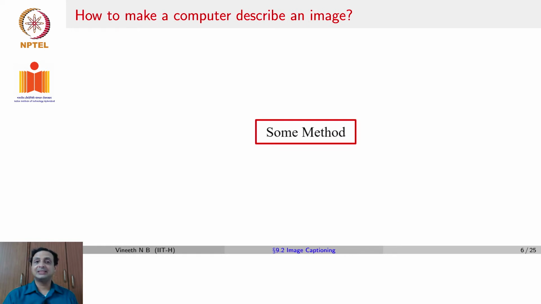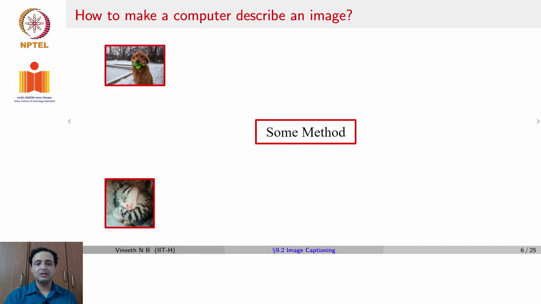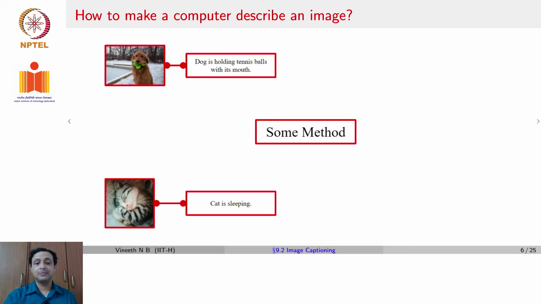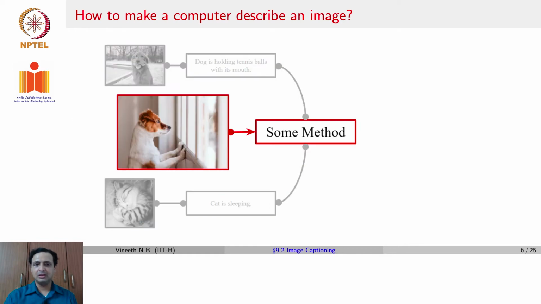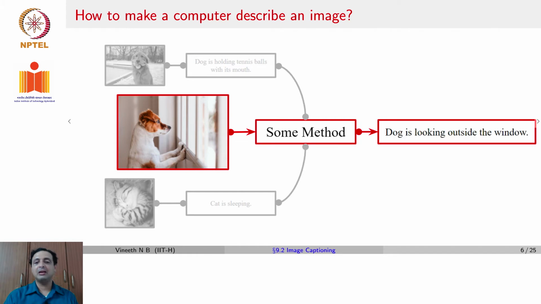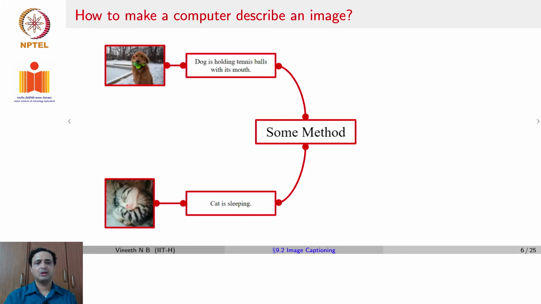Ideally, we obviously need some method which can work on the images and give us this output. So given some images and given some captions which describe those images, we give them as input to some method which now takes a new image and gives the output: dog is looking outside the window. Now, how do we go about coming up with this method?